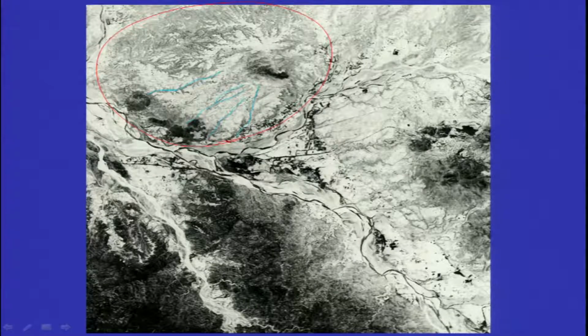I'm just quickly drawing the major ones so that you can see. Now, the pattern you see here is that this is an elevated portion in the center, and then you have a radial drainage which is flowing in all directions away from the center.